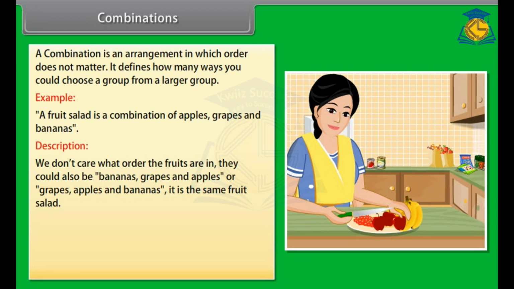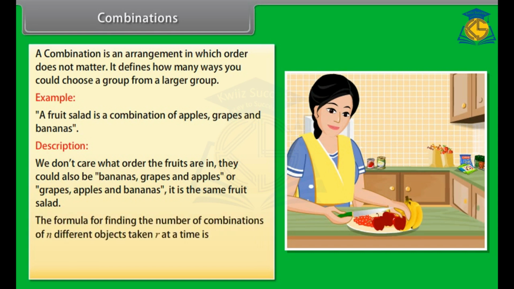It is the same fruit salad. The formula for finding the number of combinations of n different objects taken r at a time is nCr is equal to n factorial by (n minus r) factorial into r factorial.